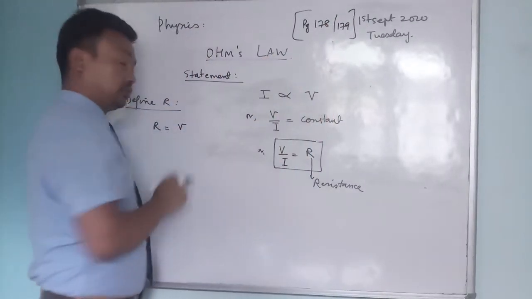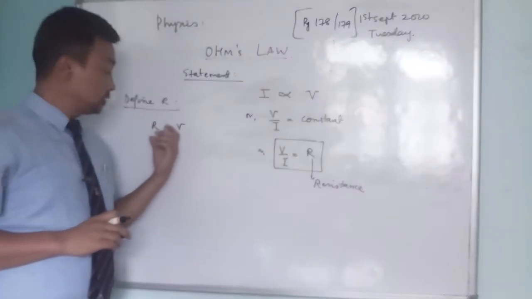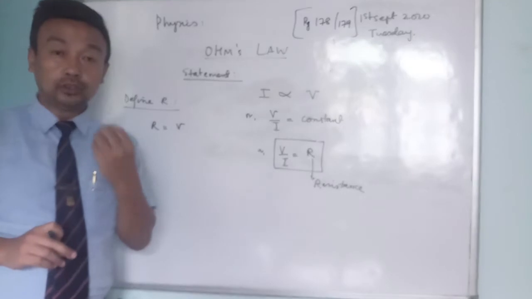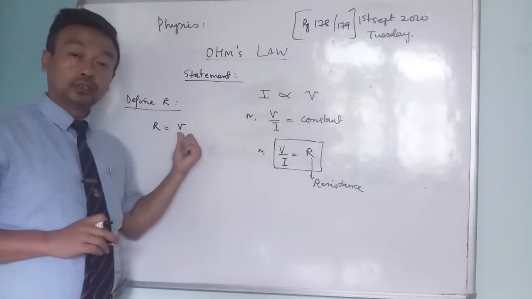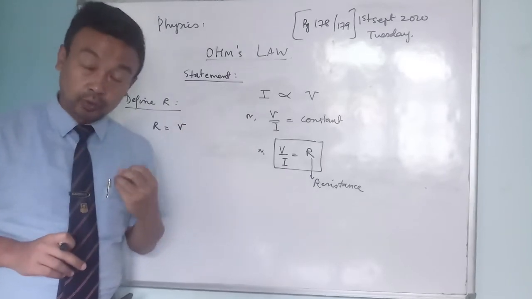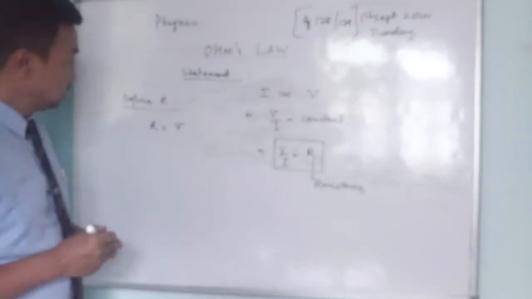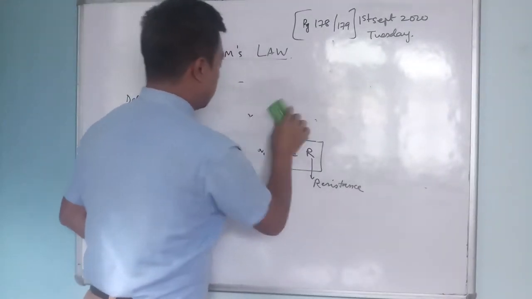The definition of resistance is given there: resistance is numerically equal to the potential difference applied across the ends of the conductor when a unit current flows through it. Alright, so now we have completed almost all the quantities required in this chapter.